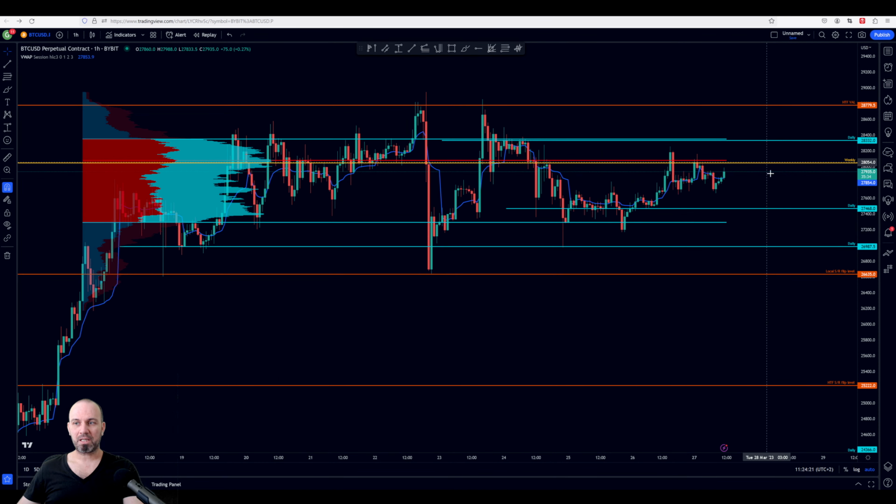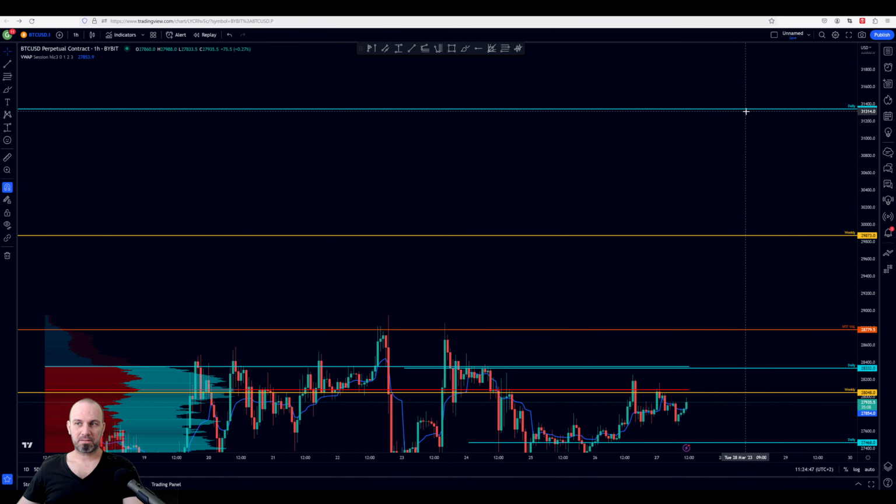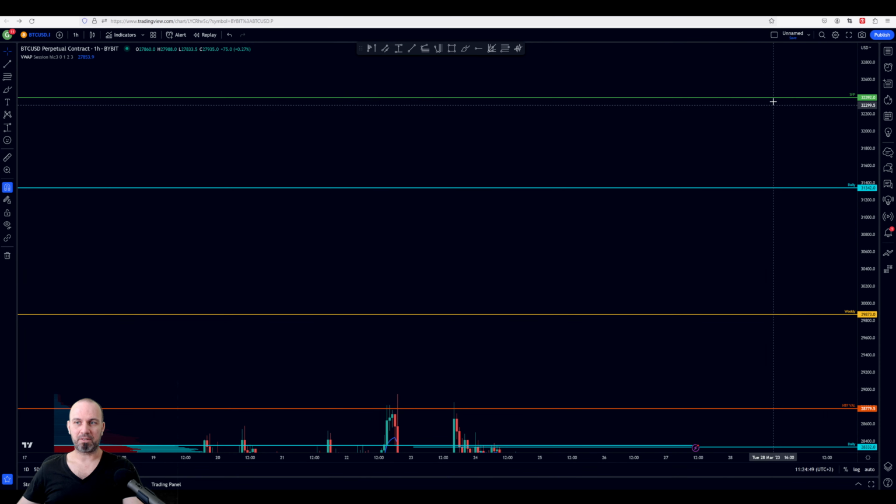So the high time frame levels can be used to determine the strength or the weakness of this move, because if this local range will break to the upside, that will be strength. And if this local range will break to the downside, that would be weakness. Obviously, the next important levels to the downside, this one, and to the upside, high time frame levels, this level, the top of the range.